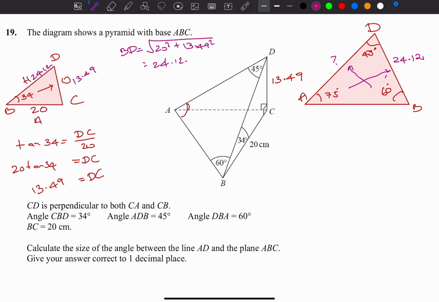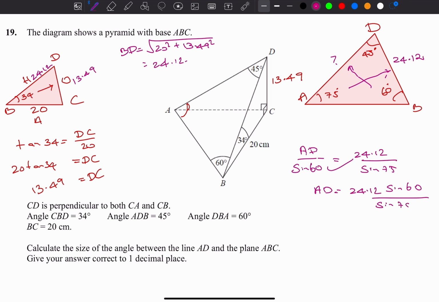So if you look at it, I want AD over sine 60 equals 24.12 over sine 75. Just multiply here. AD is 24.12 sine 60 over sine 75.